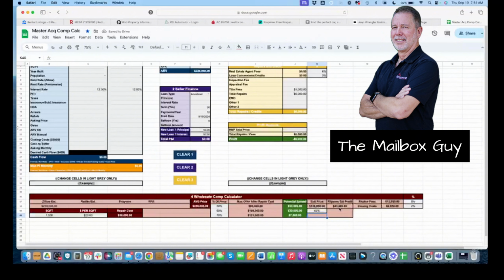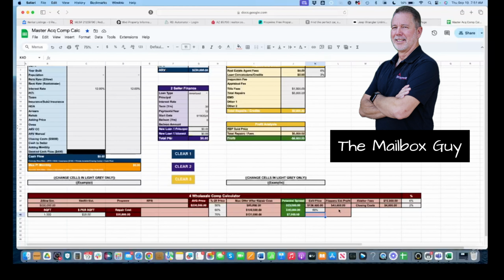His number just dropped to 43,000. Now we're making $7,000. You've got to remember these numbers already have the repair costs factored into our numbers and into his numbers. So $40,000 on a $200,000 flip, not bad.